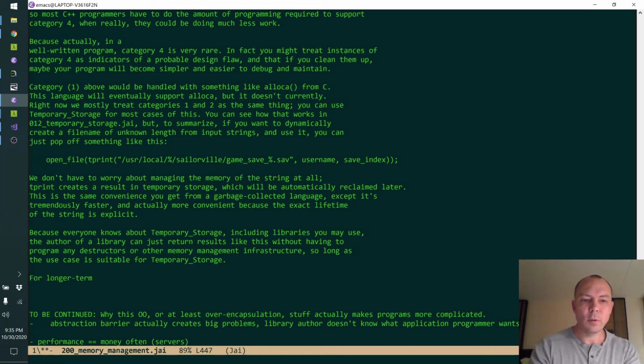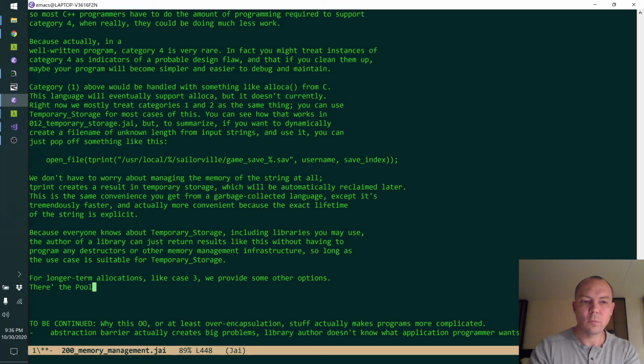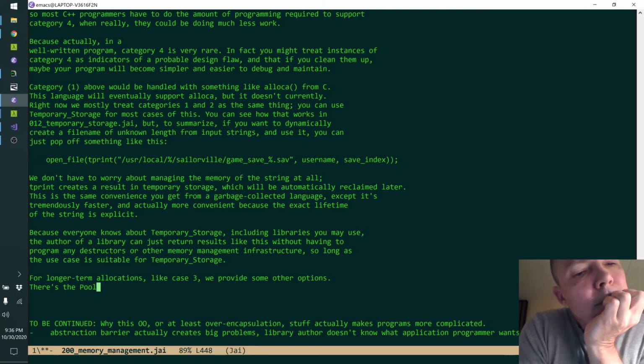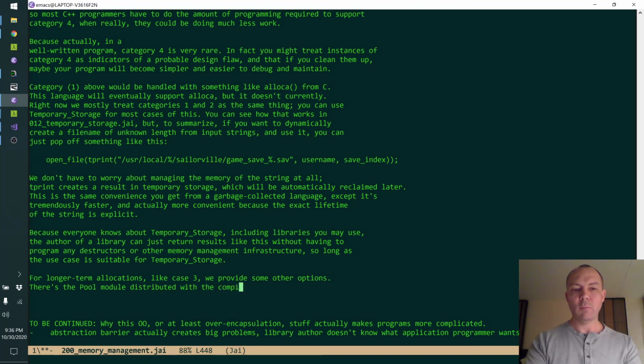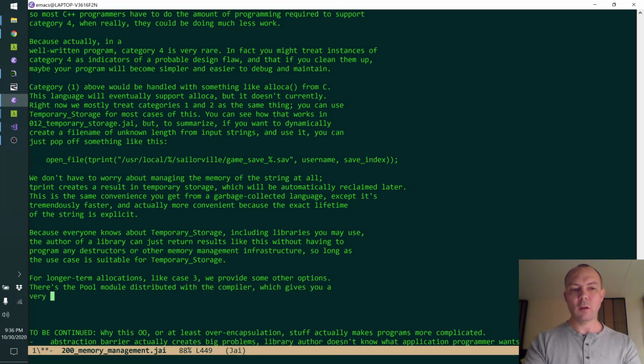For longer term, like case 3, we provide some other options. There's the pool module distributed with the compiler, which gives you a very fast allocating memory arena.